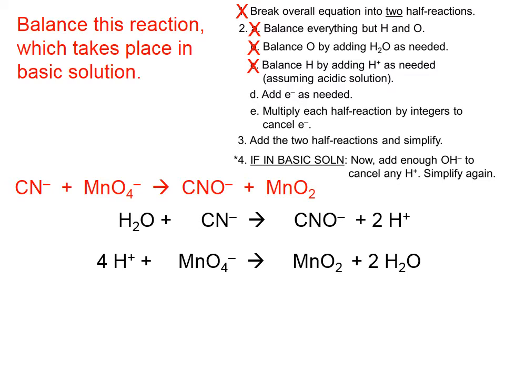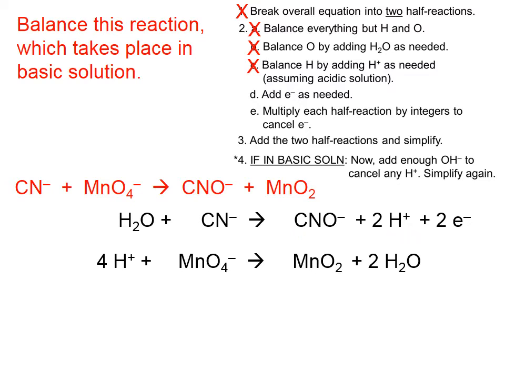Where would we put electrons, and how many, such that the charge on each side is the same? Hopefully you can see that we're going to need 2 electrons on the product side. That will make the net charge -1 for both the reactants and the products in this top half reaction.